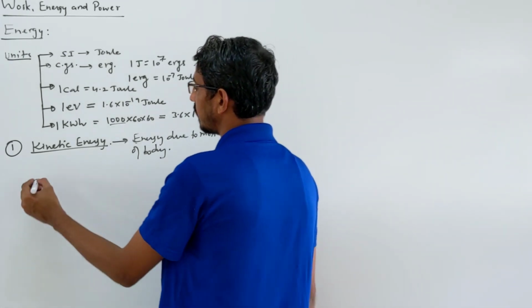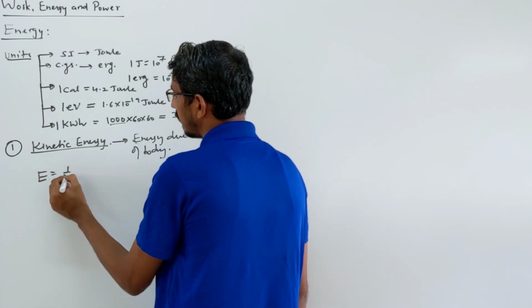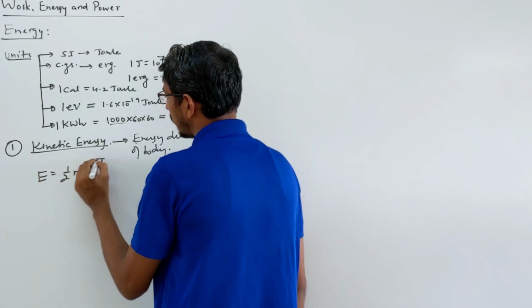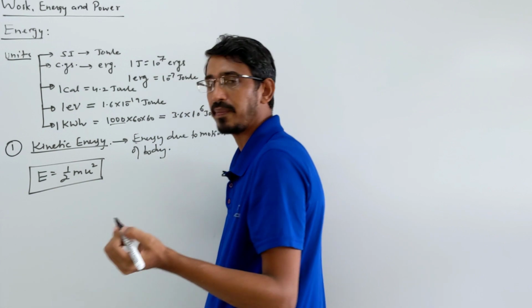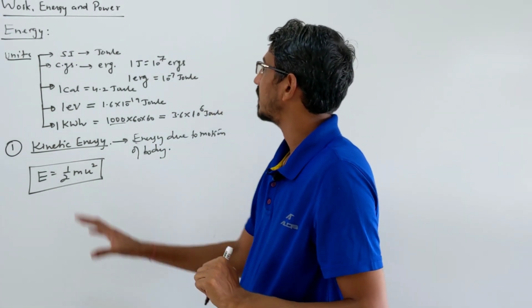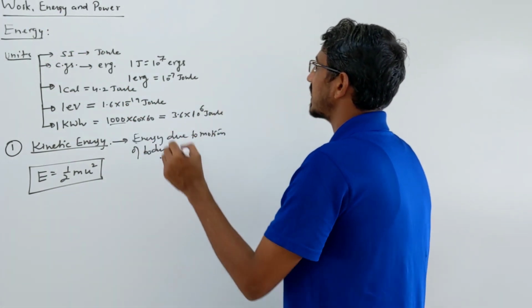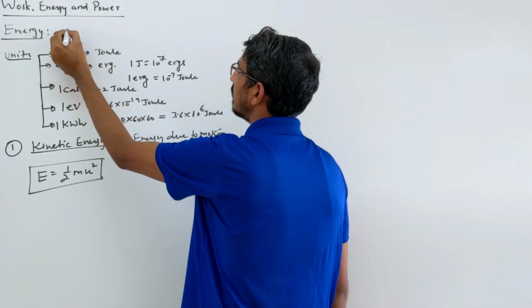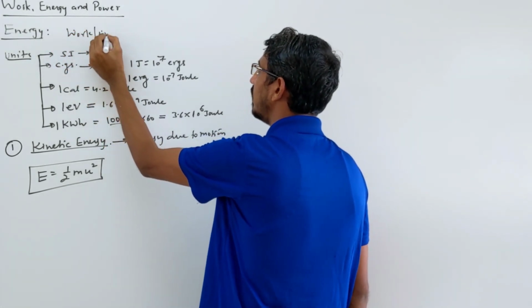The formula everybody knows: energy is half m u square, or half m v square. What is important is that energy and work both are scalar quantities, all types of energy.